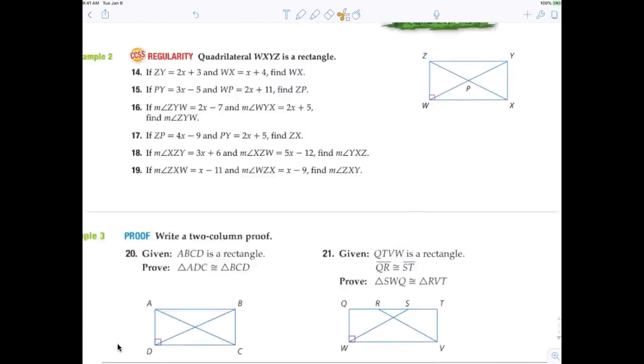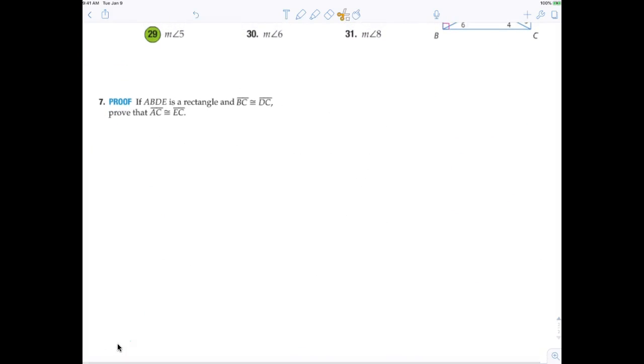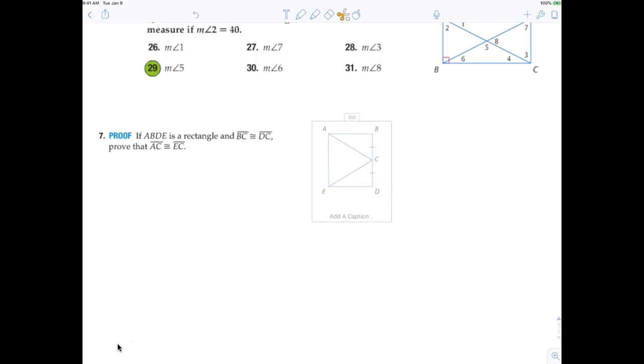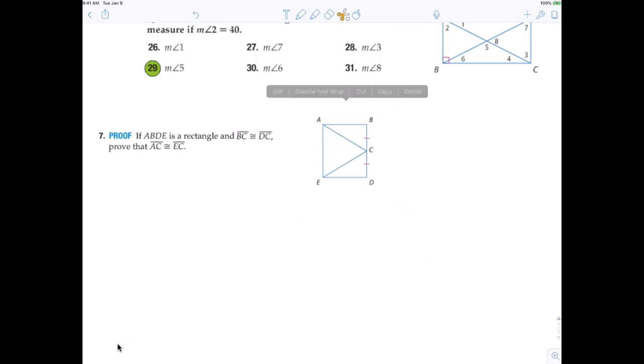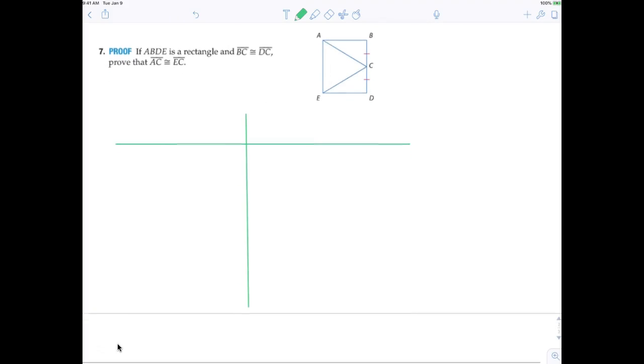And then over here, come back and get the picture. All right, let's see what we can do. Guys, I think you should be pretty good at this. Nothing about a proof is that hard anymore.